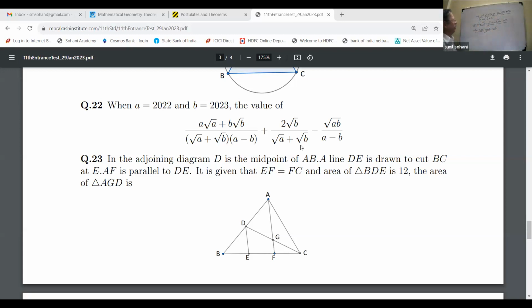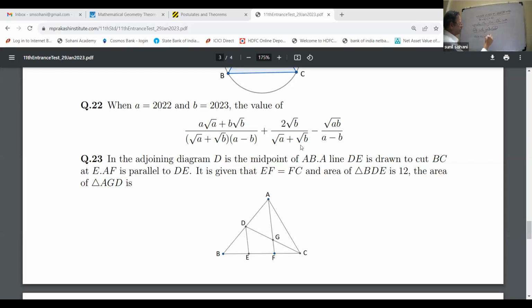Same thing. I can see the first and the last are having root A, so I am going to combine this and write it as root A times (A minus B). And here, as the arrow says, they have root B common.